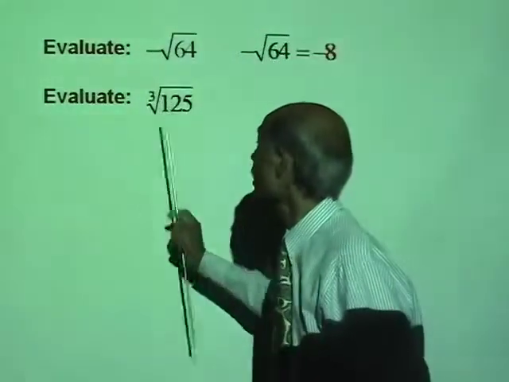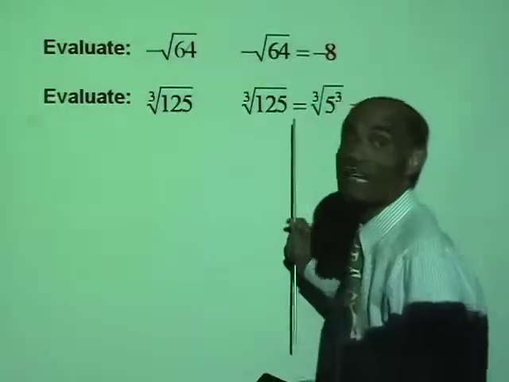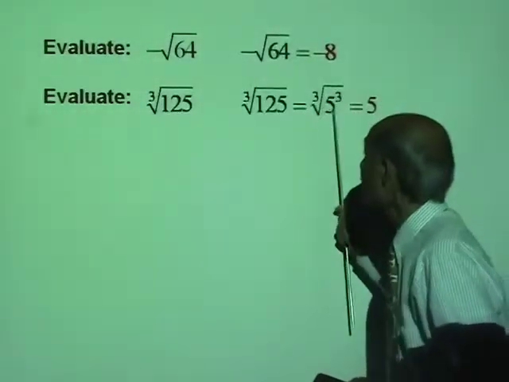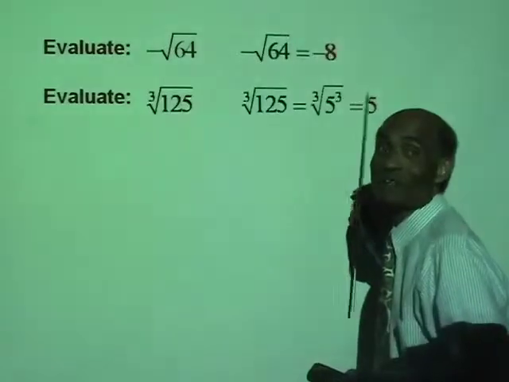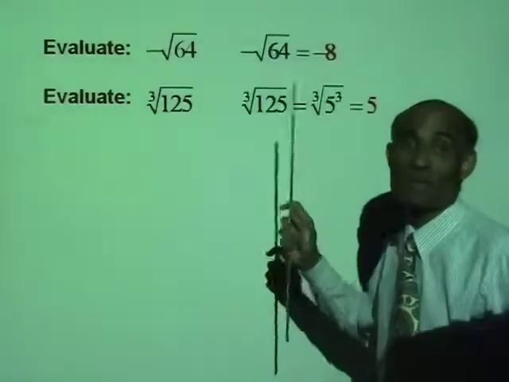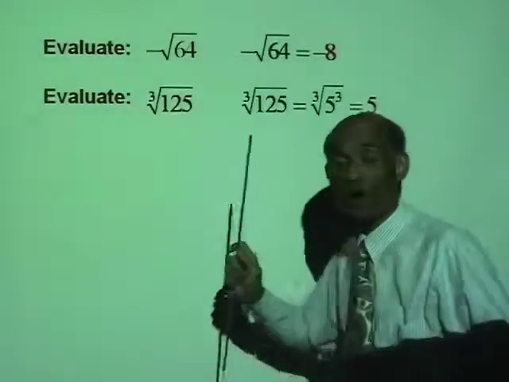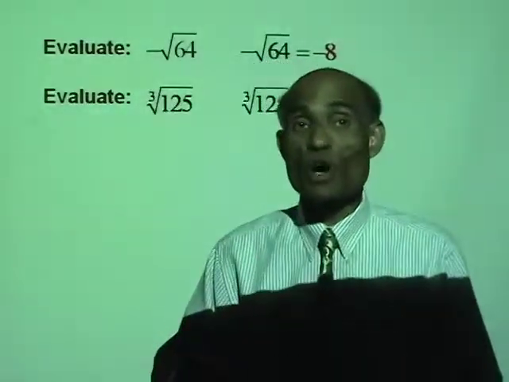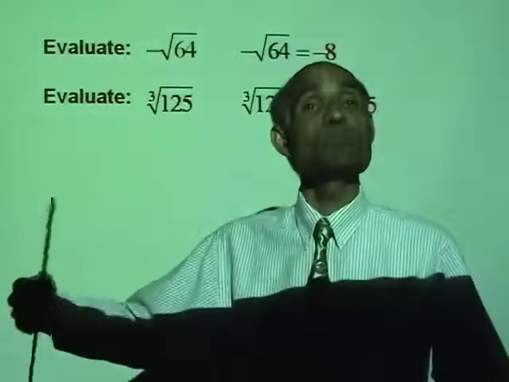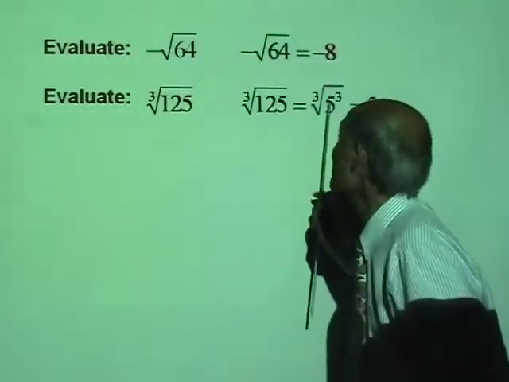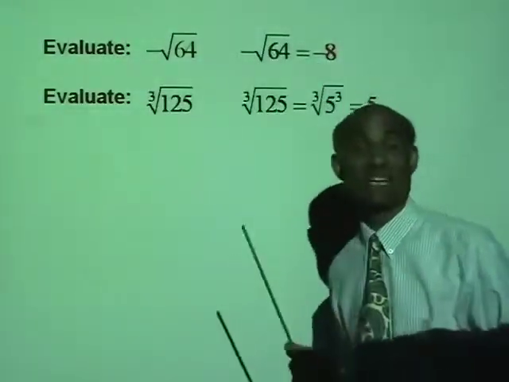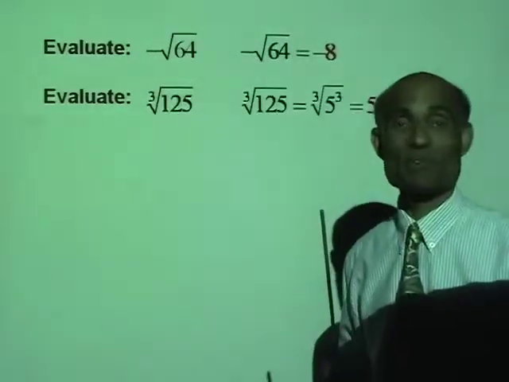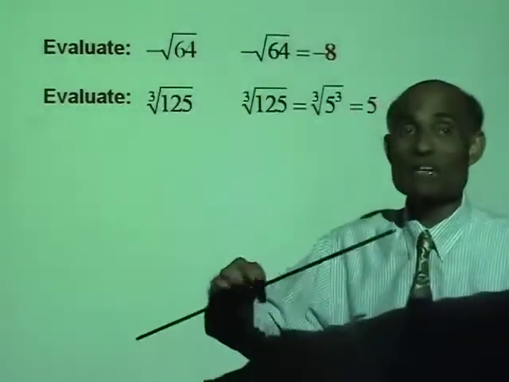Therefore, cube root of 125 is cube root of 5 cube, which is 5. Now remember, cube root of x cube is x. Cube root of p cube is p. Cube root of 5 cube is 5. Okay, learn these basic things as we go on.